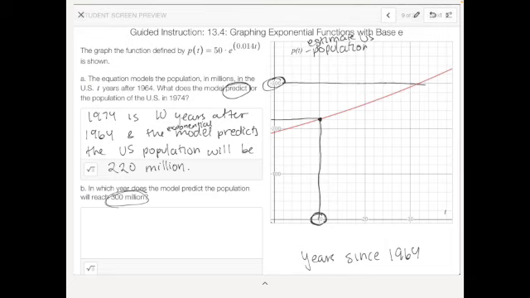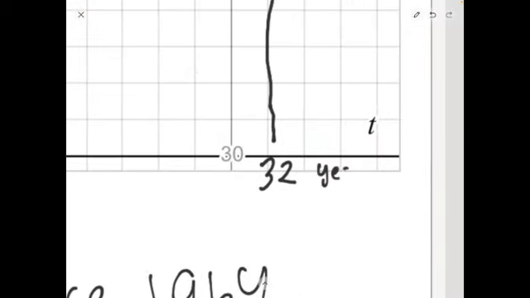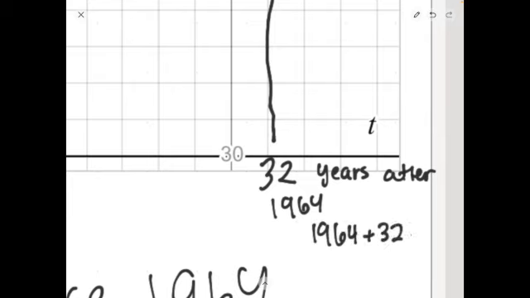I want to see at what point the graph has a y value of 300 million. What x value does that coordinate with? And that coordinates with 32 years after 1964. So 1964 plus 32.